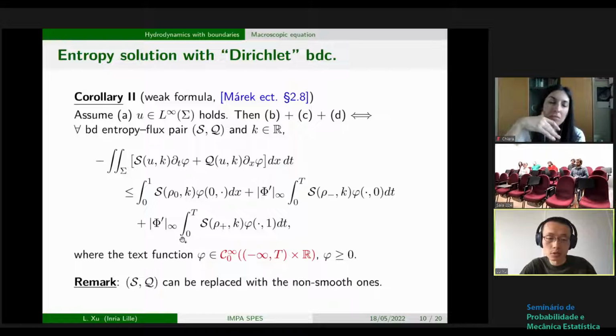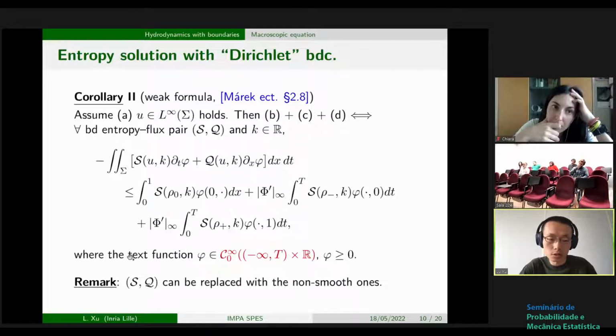This looks very complicated, but just notice that the right-hand side has nothing to do with U. It's just the initial data rho 0, the boundary data rho minus, rho plus, and any fixed number k. So the whole thing is deterministic. What we need to do is to prove this entropy production is bounded by this deterministic number.